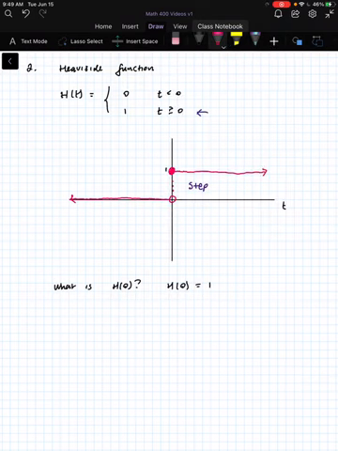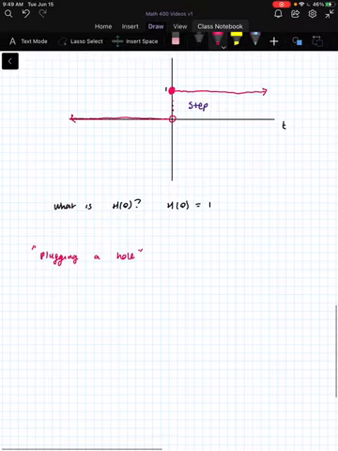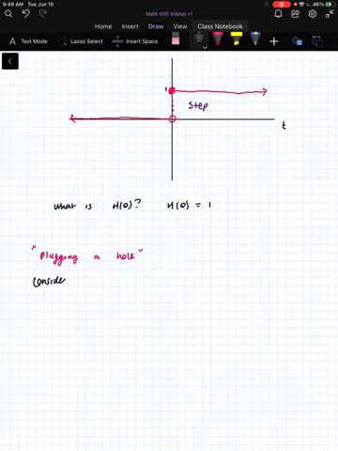All right, so some other practical applications of piecewise defined functions include something called plugging a hole. What do we mean by that? So to illustrate this, let's consider the function y equals x squared minus x over x minus 1.